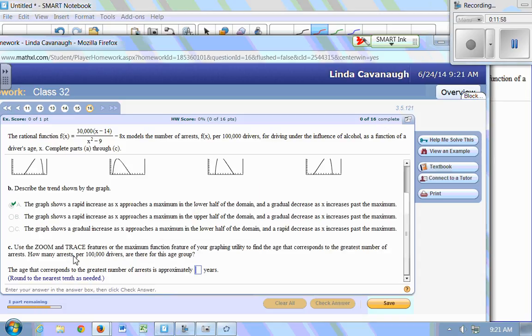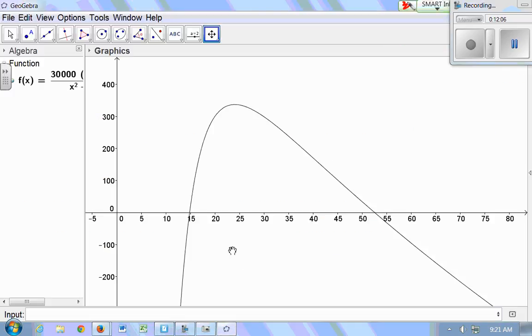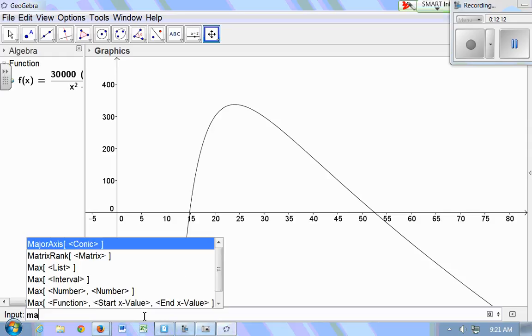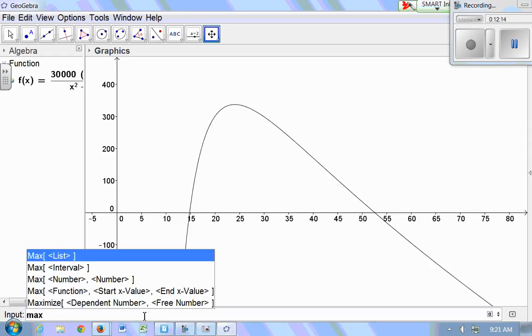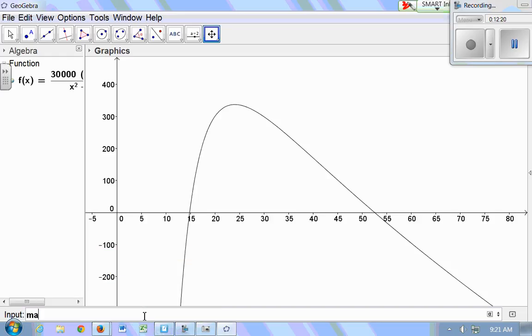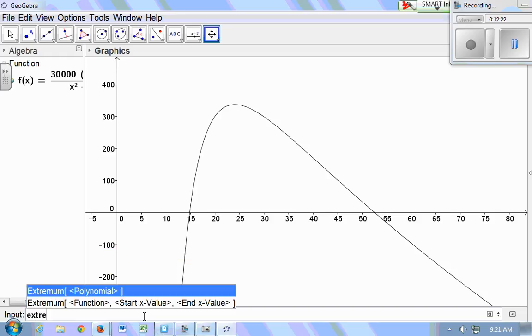All right, it says use zoom and trace to find the maximum and use your graphing utility. Okay, so I'll show you how to do it in GeoGebra and on your graphing calculator. In GeoGebra, I think you can just type max. Let's just do extremum.